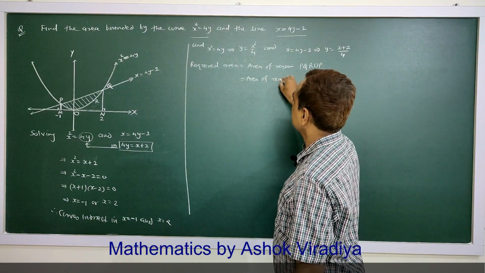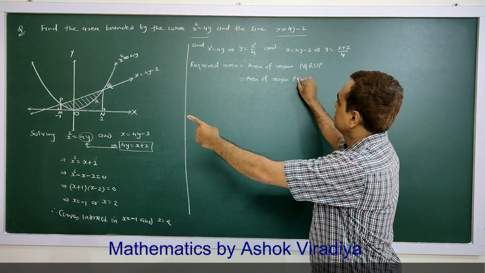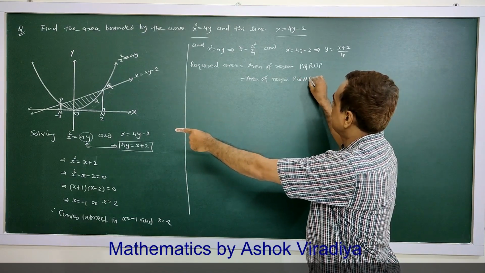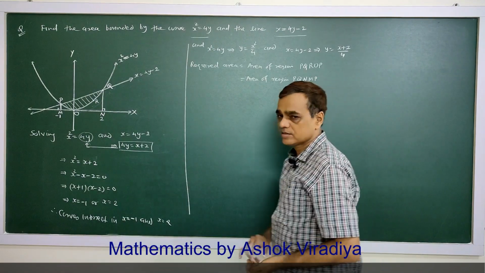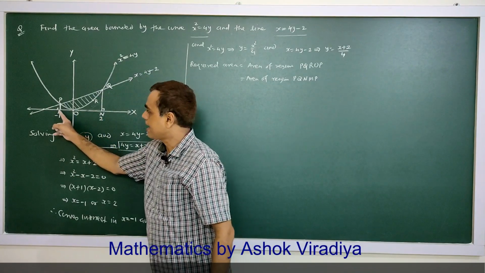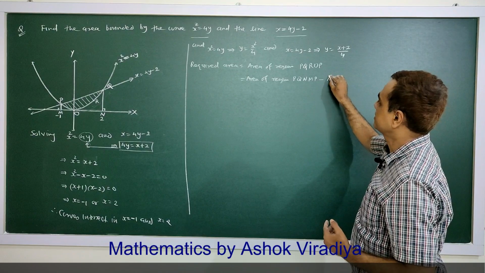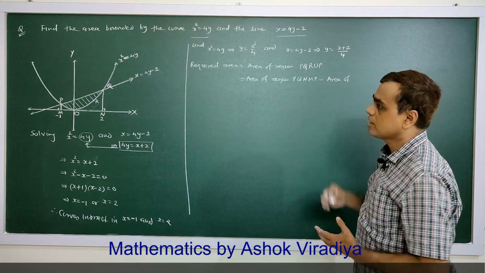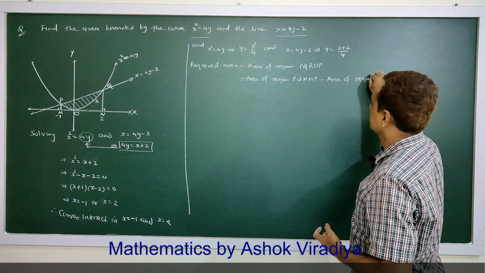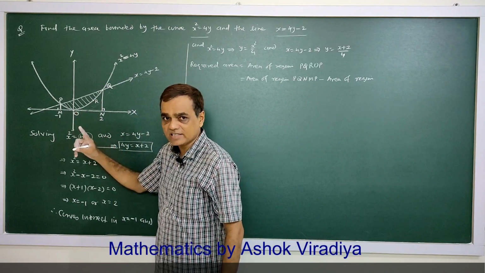So area of region PQROP is equal to area of region, see, quadrilateral PQNMP, minus area of region, which region? Below this parabola towards the x-axis.